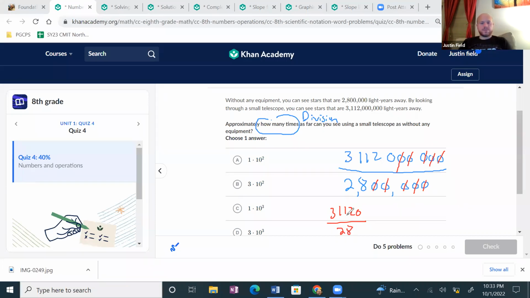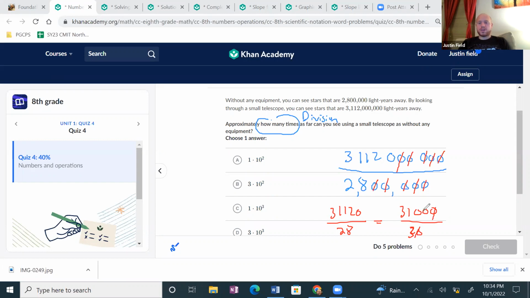And so anyway, it's approximately, right? So we can see if I divided, if I round these, it's like 31,000 over 20 or 30 or something like that.